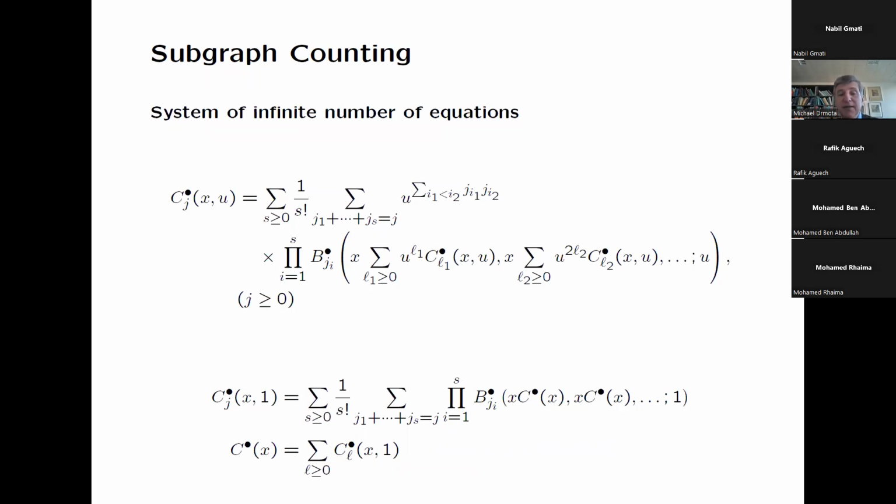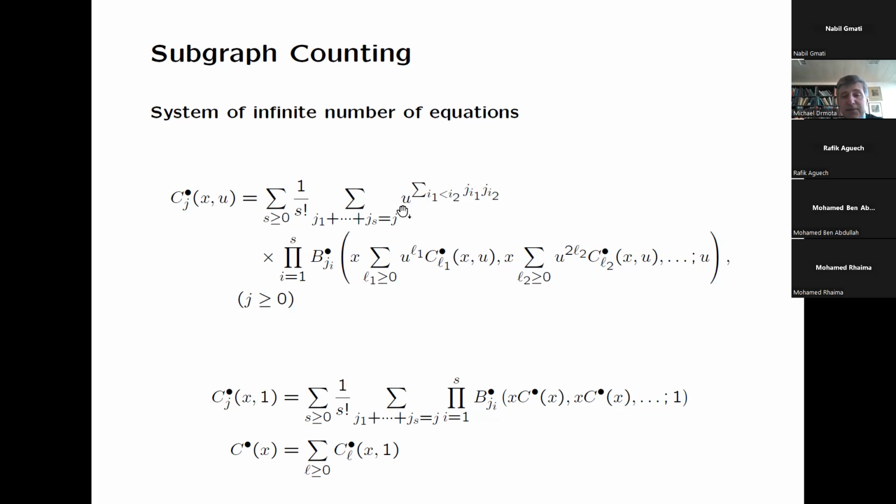And what can be done is that we really have to consider infinitely many situations and get then infinitely many equations for the generating functions of connected series parallel graphs, where x counts the number of vertices, u counts the number of appearances of a proper subgraph. Here, this is just the equation if we count subgraphs that consist of just two edges attached together, so a path of length 2.